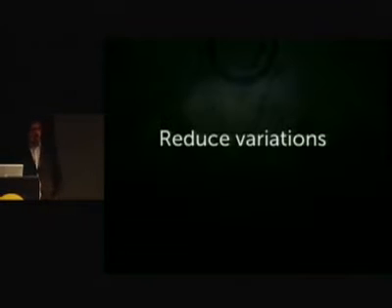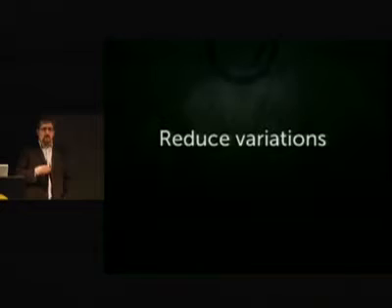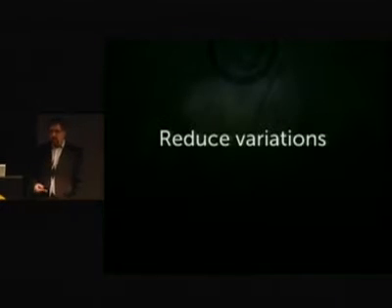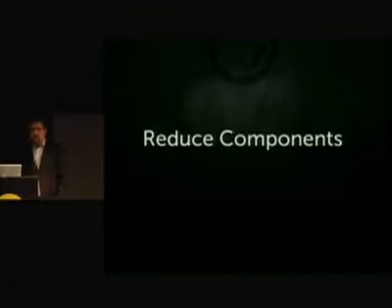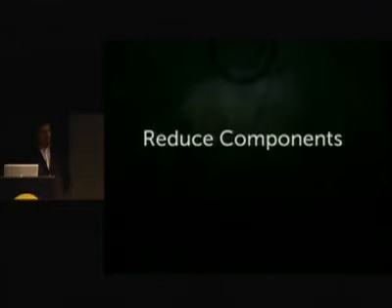If we have multiple column views, should they be differing widths or should they be using the same width? How consistent can we create things? Reducing the number of components that we have within a site. 37 Signals very much extols the idea of simplicity. Don't build features.